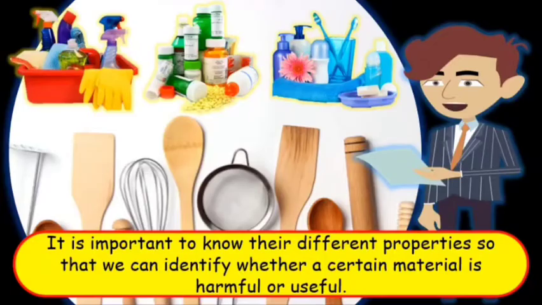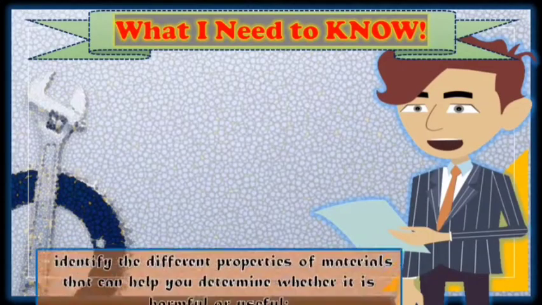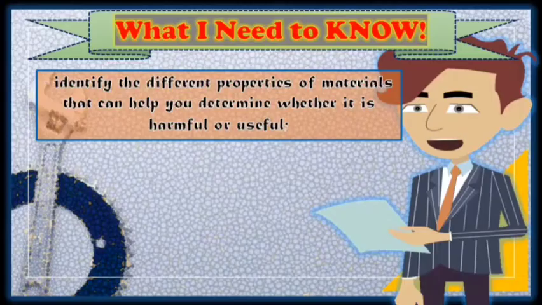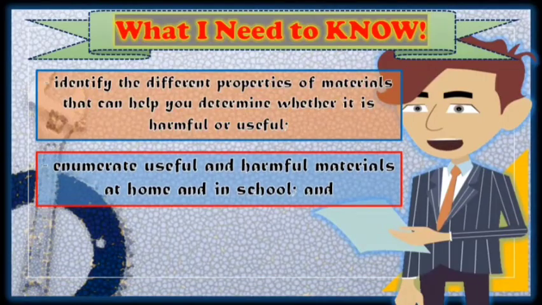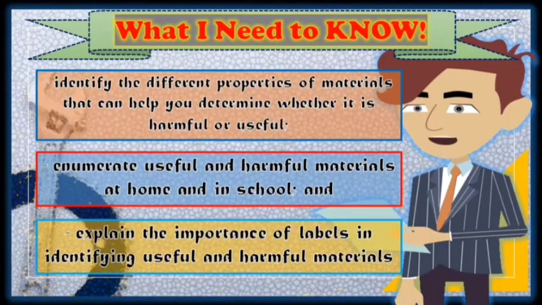So in this lesson, you will identify the different properties of matter that can help you determine whether it is harmful or useful, enumerate useful and harmful materials at home and in the school, and explain the importance of labels in identifying useful and harmful materials.